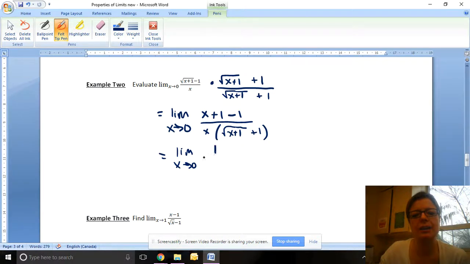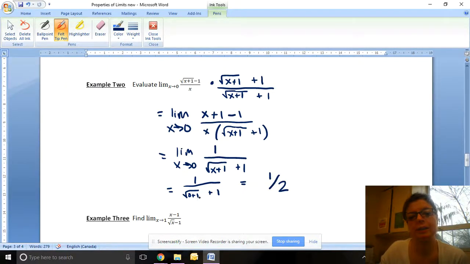So you're left with 1 over root x plus 1, plus 1. Notice that this is no longer the indeterminate case, so now we can plug and chug and substitute in 0. You get 1 over root 0 plus 1, plus 1, which gives us 1 over 2, because root 1 is 1, and 1 plus 1 is 2.